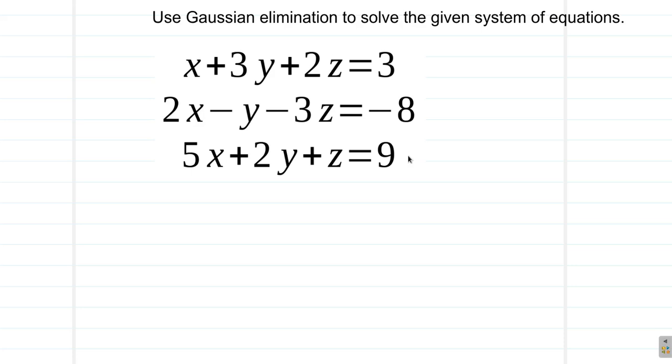Now, I have worked it out before, and my answers were x is equal to 2, y is equal to negative 3, z is equal to 5. I want you to work it out step by step.